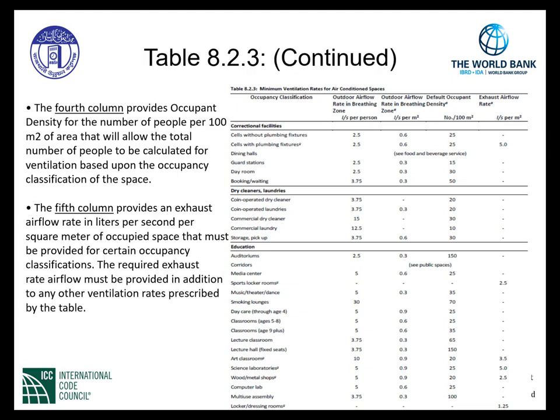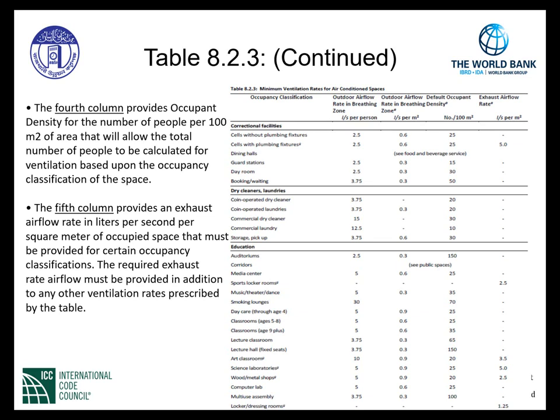The fourth column provides occupant density for ventilation only. So the fourth column will provide us an occupant density for the number of people per 100 meters squared of area that will allow the total number of people to be calculated for ventilation based upon the occupancy classification of the space.